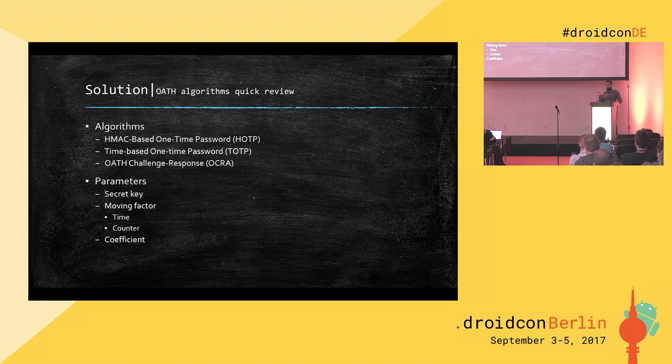The next one is the moving factor, which will change in each OTP generation. It can be the current time, usually epoch time, or the counter. The counter is a number which gets increased after generating each OTP. And finally, the coefficient, because the result of those algorithms will be a float number between 0 and 1.